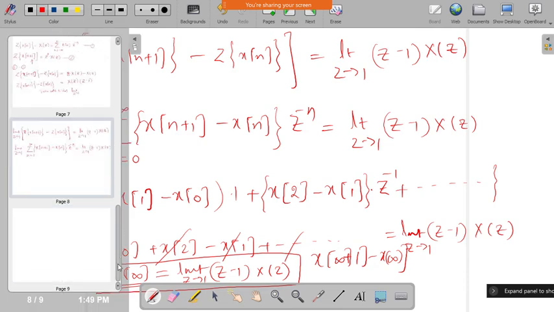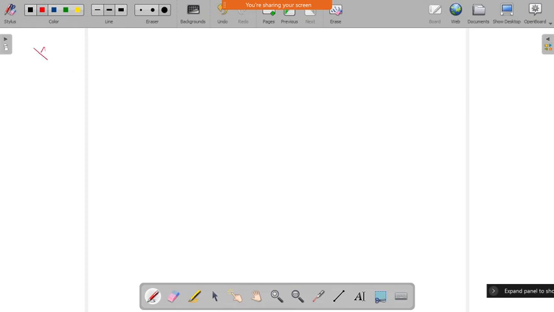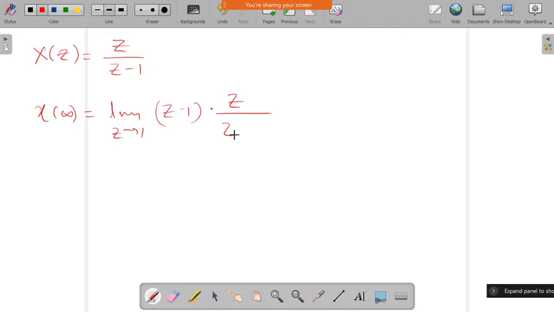Okay. So, the same thing, if I take X(z) = z/(z-1) and apply the final value theorem, that is, in order to find x(∞), limit z tends to 1 of (z-1) times X(z), substituting X(z) = z/(z-1), this will cancel.